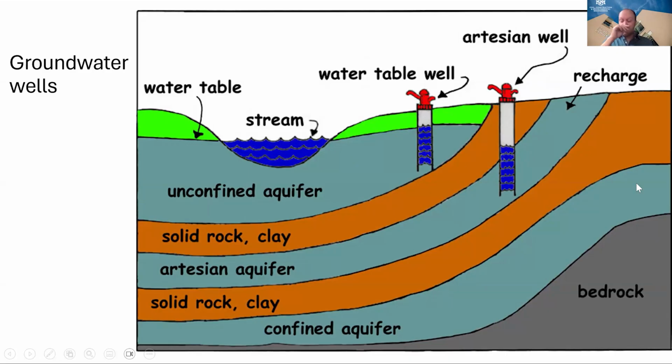It can potentially take a lot longer for the water to flow into that aquifer and fill it up, maybe even thousands of years. And it's considered confined because it's not necessarily connected to the surface. Sometimes those are better sources of water, but if they're deeper down, sometimes they have more salts and other things in them as well. So there are pros and cons to all kinds of different aquifers.